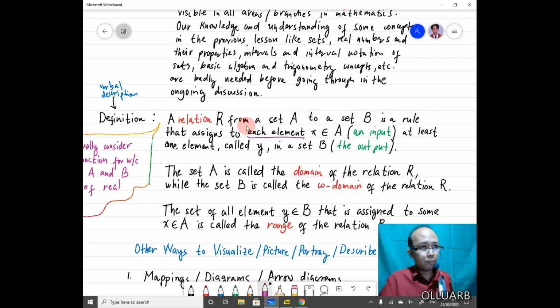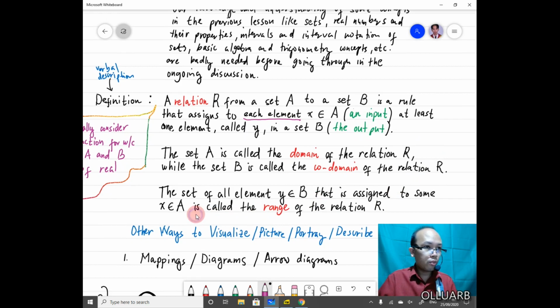But there are other books also that, as long as it is a capital letter and it is clear in the discussion, meaning there is the word relation before the capital letter, then that association is a relation. So don't forget about that.